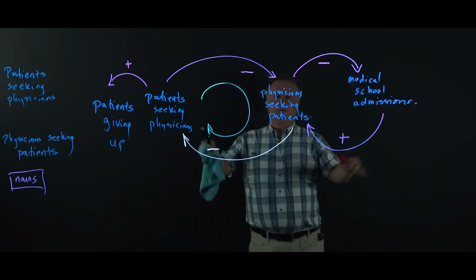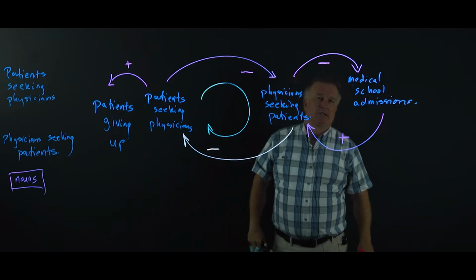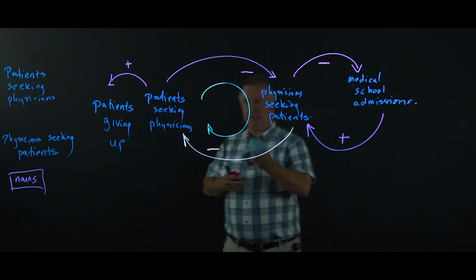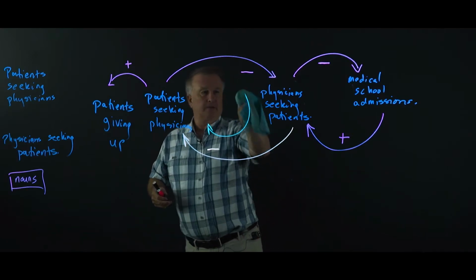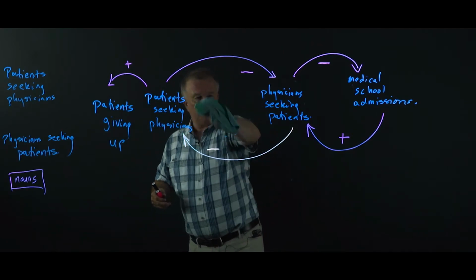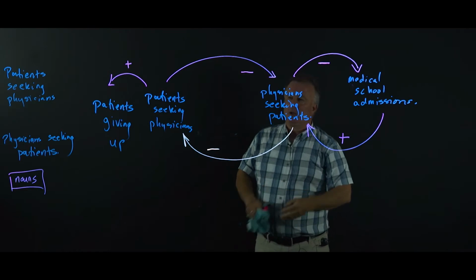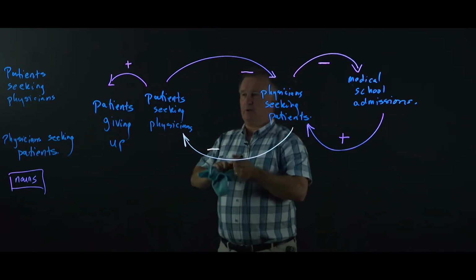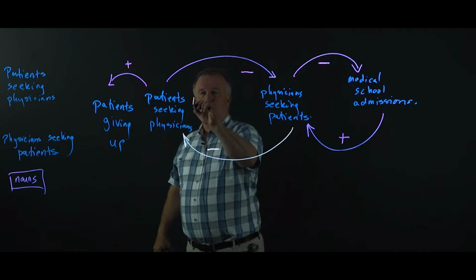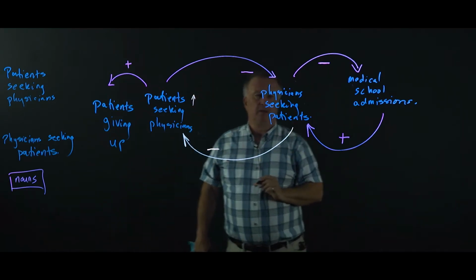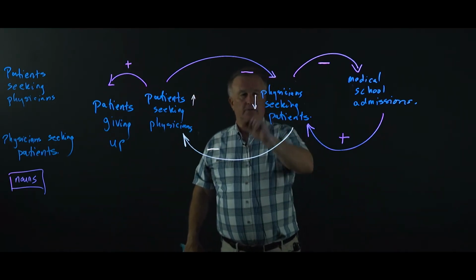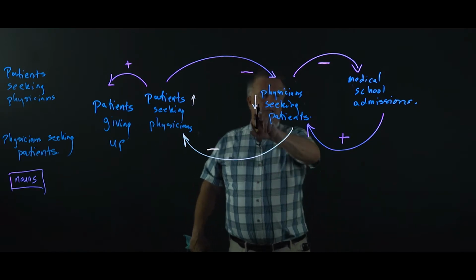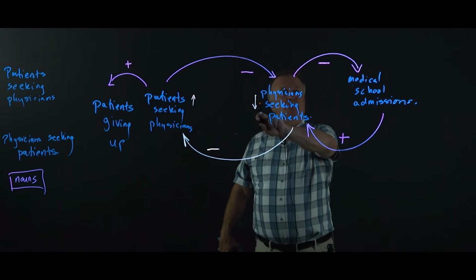And so now you can see we've started to build out a more complex kind of causal link diagram. And let's track through it again, and see if maybe this is going to help. So, in fact, let me just use the orange arrow. If the number of patients seeking physicians goes up, that's going to cause the number of doctors seeking patients to go down.